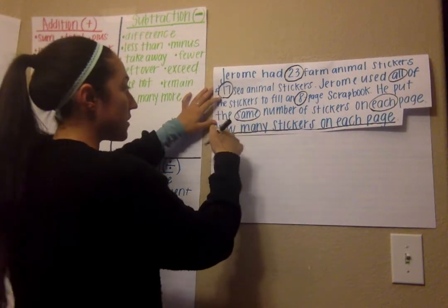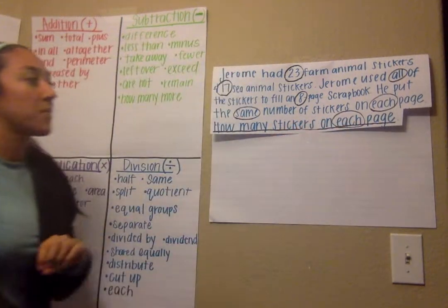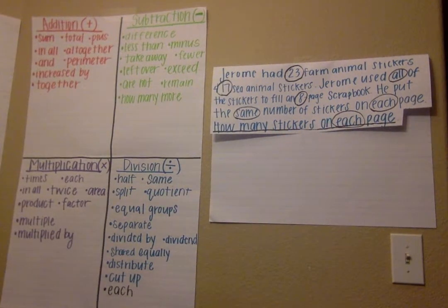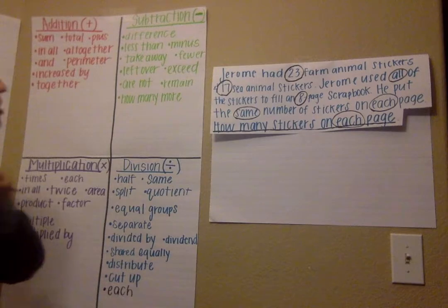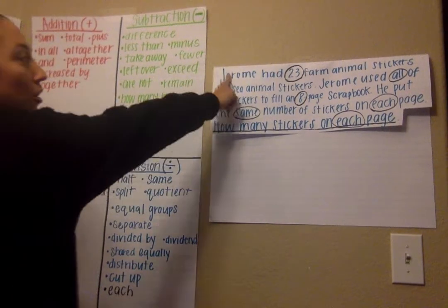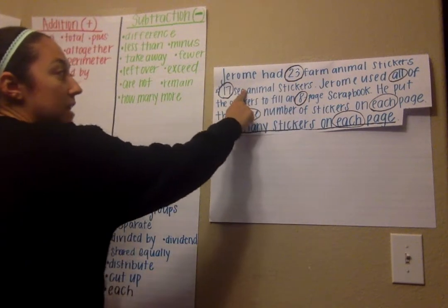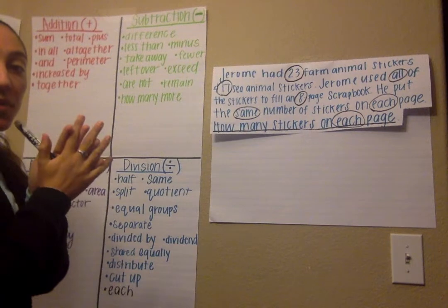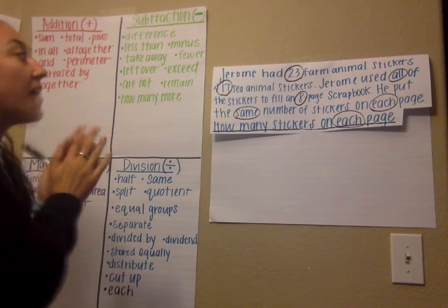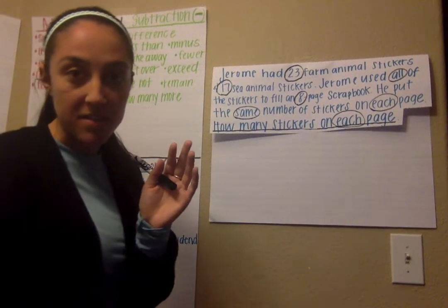How many, no, that's not a keyword, on each page. So each is a really big keyword in this problem and so is same. So what the question is asking us is that Jerome took his farm animal stickers and his sea animal stickers, put them all together, and then put them equally on 8 pages.